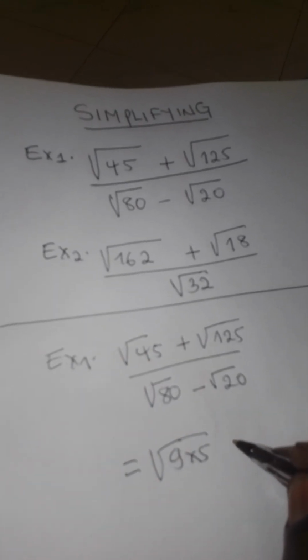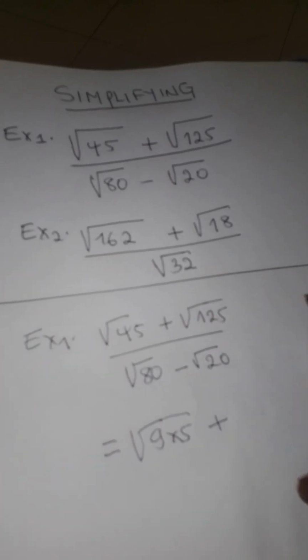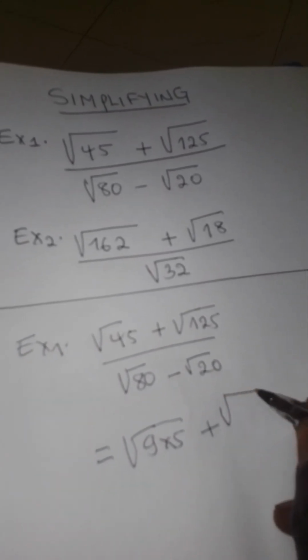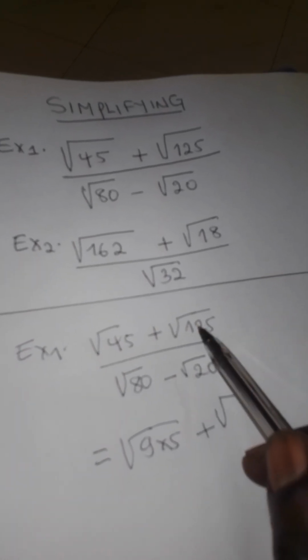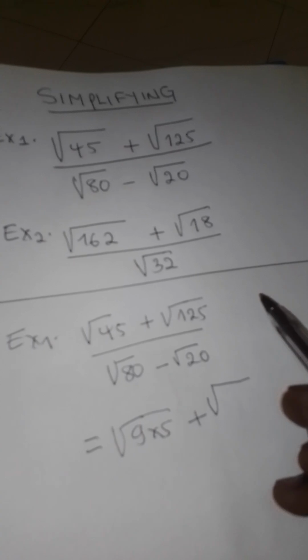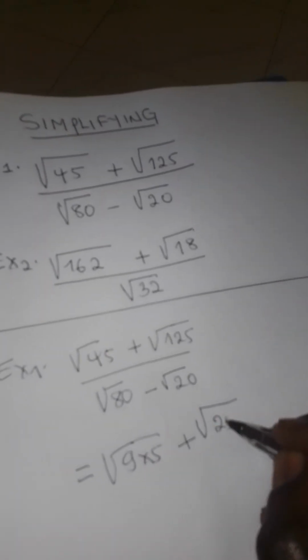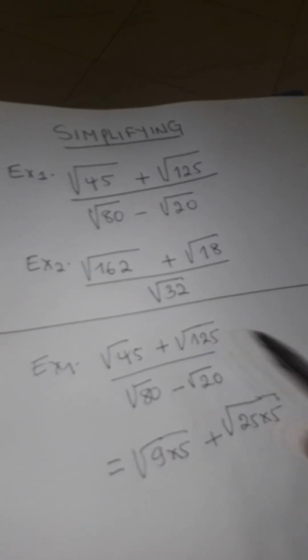Then we continue with root 125. Here also we can find two numbers that multiply to give 125, but one of the two has a square root: 25 times 5 is equal to 125.